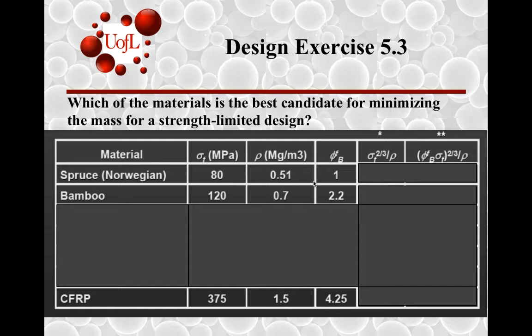When you go from the spruce to the bamboo to the carbon fiber reinforced plastic, you have increasing shape factors. If you initially looked at minimizing mass without taking into account shape variations, you would use this term over here, the failure strength raised to 2/3 divided by rho, as the material index for minimizing mass. Let us calculate the material index in each situation for these three materials.